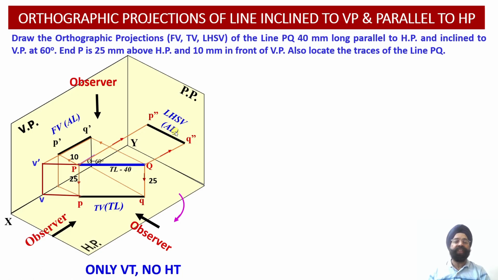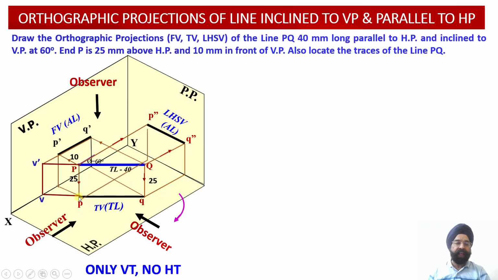Now we have to establish the relationship between the top view projections and the side view projection. In order to obtain the correlation between the top view projection and the side view projection, please check these two construction lines. They need to be drawn so that we can establish the relationship between point Q in the top view and point Q in the side view.